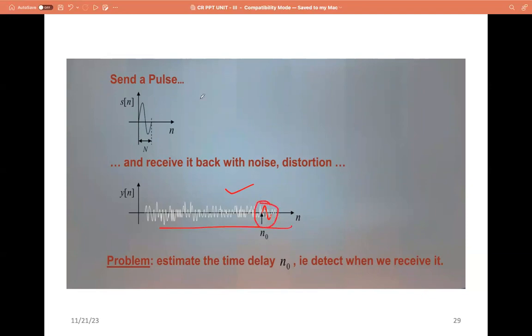Now, since the receiver already knows the type of pulse that it is going to receive, it has a copy of it. So what the receiver does is slide this signal over this signal and try to find the correlation. As this signal is slid over this signal, exactly when it reaches this particular location, the correlation is going to be very, very high.